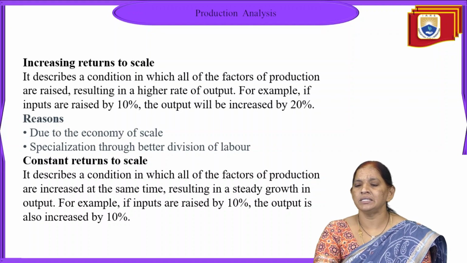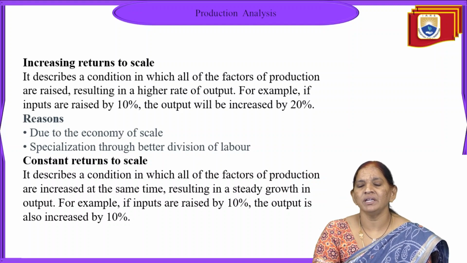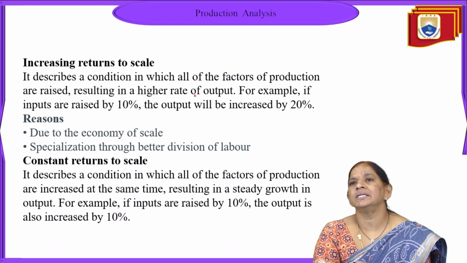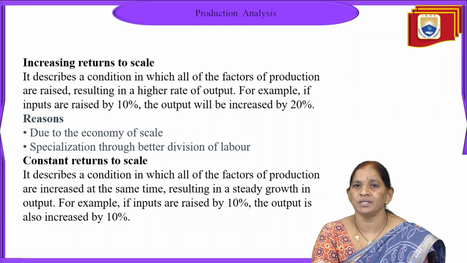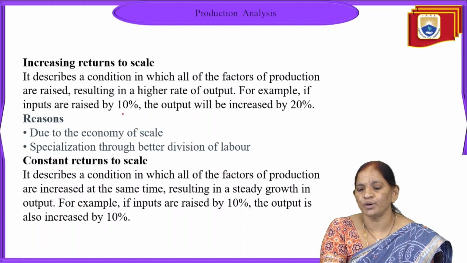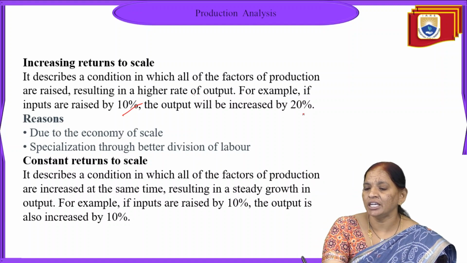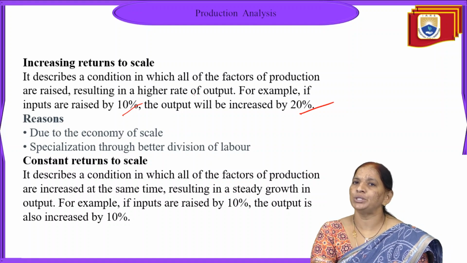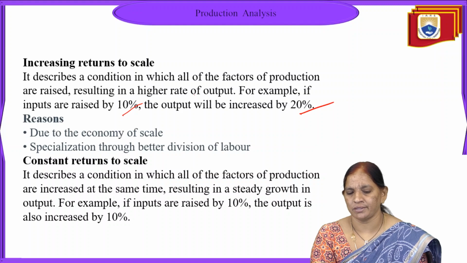So in increasing returns to scale, we get a higher rate of output. For example, output may rise from 10% to 20% by taking internal advantage of the production capacities.